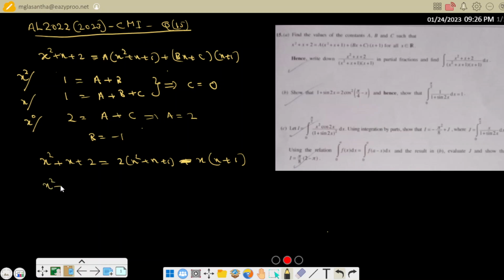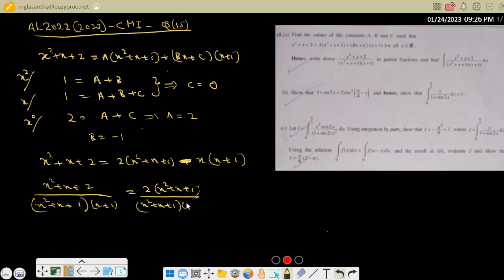So x squared plus x plus 2 over (x squared plus x plus 1) times (x plus 1), each term you divide by this term, gives 2 times (x squared plus x plus 1) minus x times (x plus 1) over (x squared plus x plus 1) into (x plus 1).